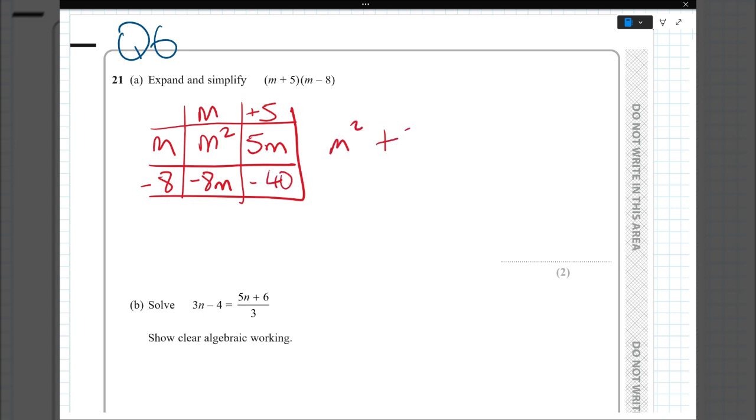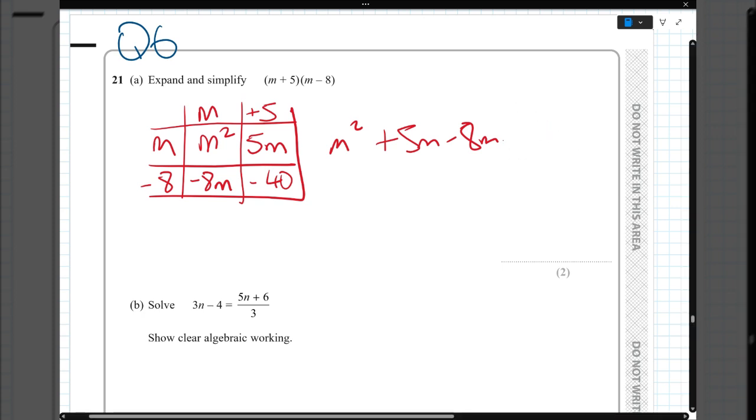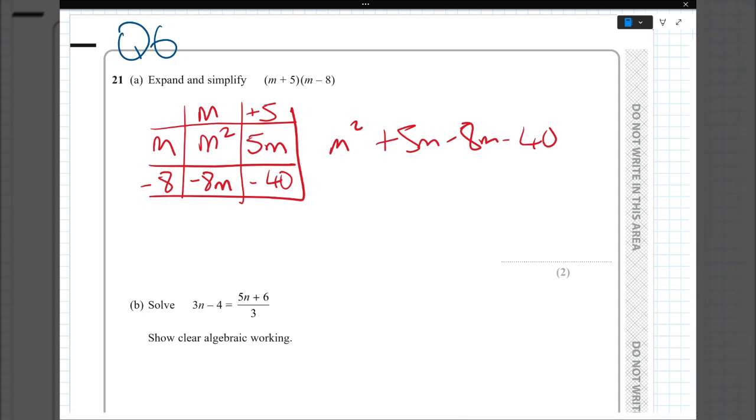So M squared plus 5M, take away 8M, and then take away minus 40. Now, this is really important. You do the grid method, you're multiplying within that grid, and then you take all 4 terms out, but 2 of them will simplify.